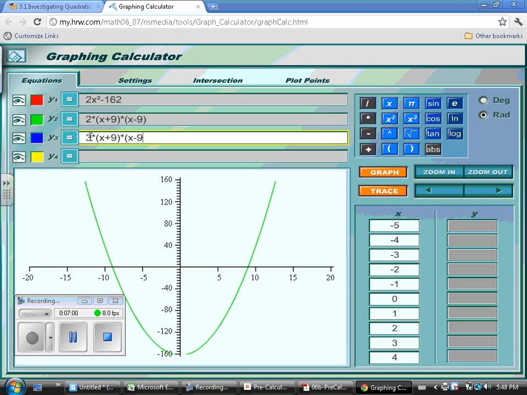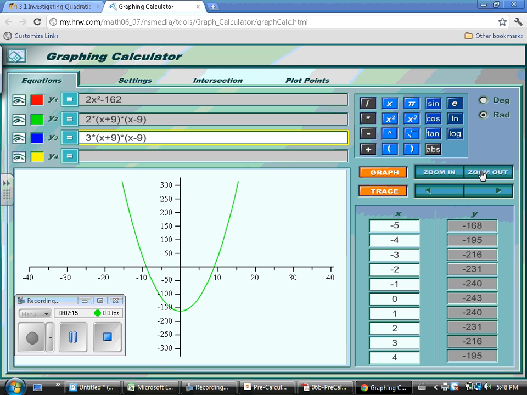It'll change where your vertex is, but it just doesn't change the intercepts. So if I graph those, you can see that that function, I'll zoom out a little bit, has the same intercepts. But just by knowing the intercepts, you can't know exactly everything about the function. You do need to know a little bit more.